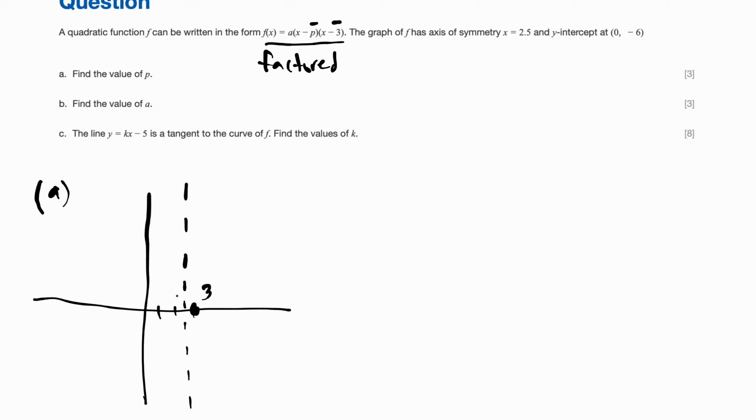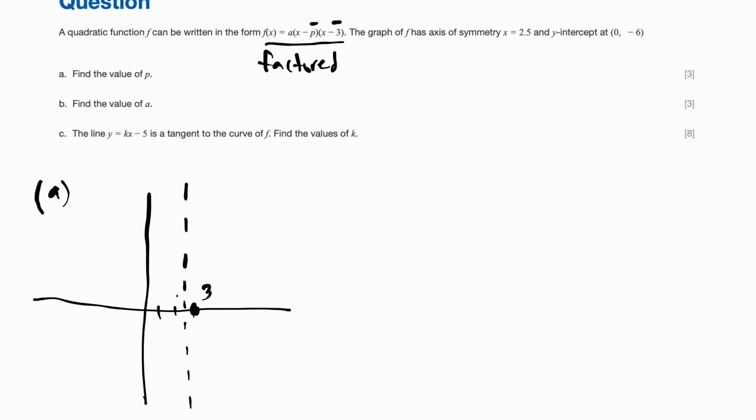Okay, so then let's do part B. Part B is find the value of a. Now this is quite simple. Let's just create our equation. We know y is equal to a times (x minus 2), which is what we found earlier, times (x minus 3). We are also given a point, the y-intercept (0, negative 6).